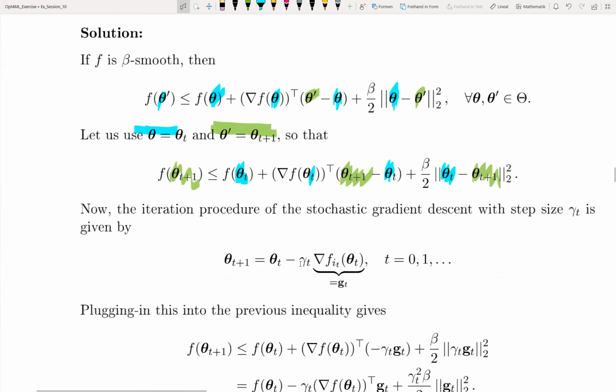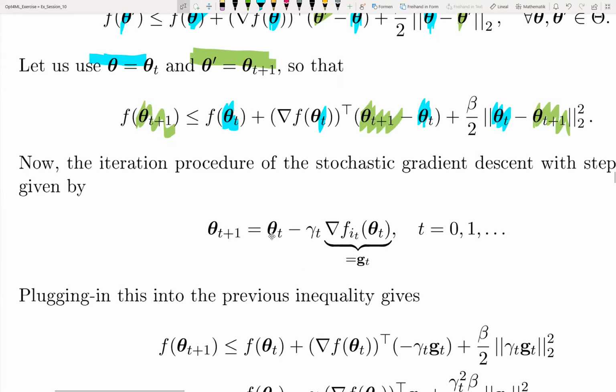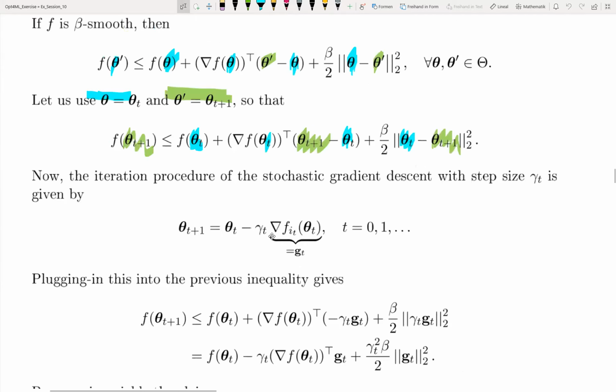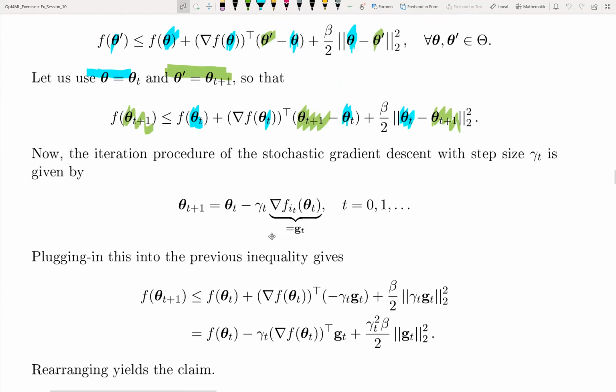And from here, we have to think of where the stochastic gradient descent is coming into play. And it is coming into play when we look at the iteration procedure we have for the stochastic gradient descent. So how do we get to the next iteration from the current one? We use the stochastic gradient, the g_t, which is the gradient of the component i_t we have uniformly at random sampled, evaluated at theta t.